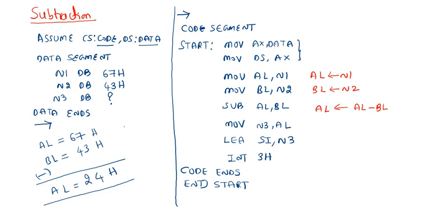Because AL is greater than BL, you don't require any borrow. That is the reason the carry flag is 0, and 24H is nothing but 0010 0100. So you have an even number of ones. To indicate this even number of ones, the parity flag will become 1 for 8086.